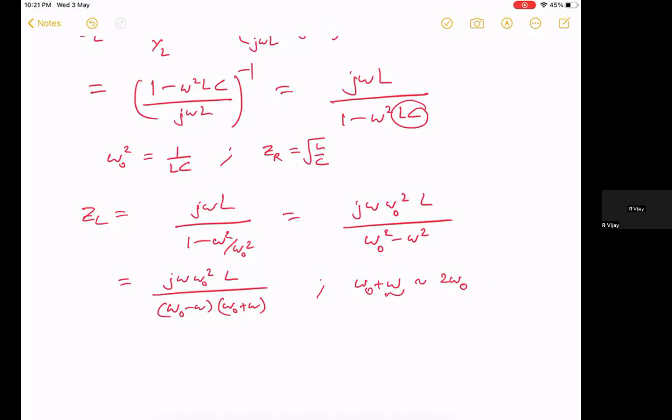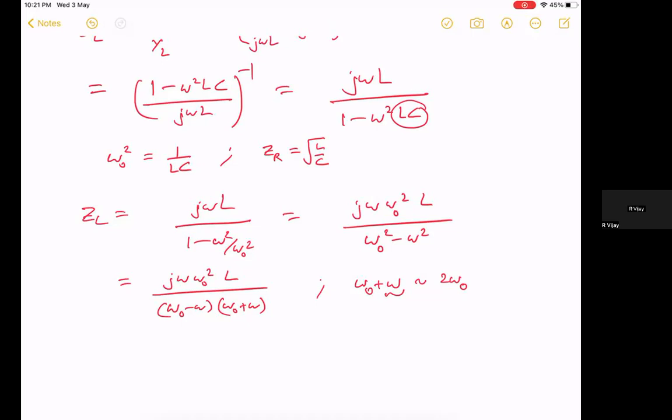Because all of this stuff is relative. So if omega naught is very high and the range of frequencies omega is very small, then you know that the value of omega is always going to be near omega naught, and it's not going to be very big compared to that variation. So that's why writing this as 2 omega naught is okay.